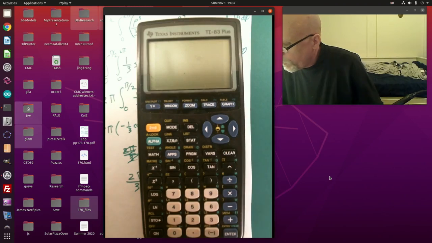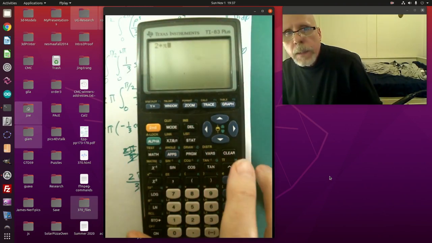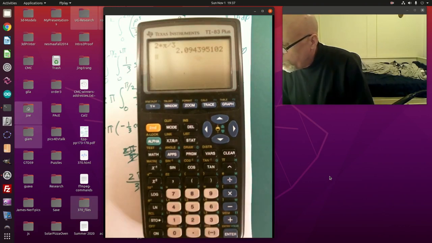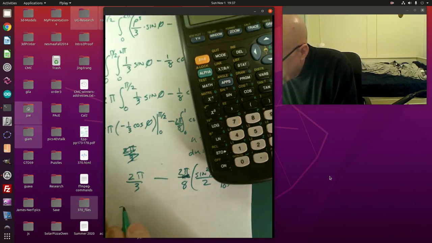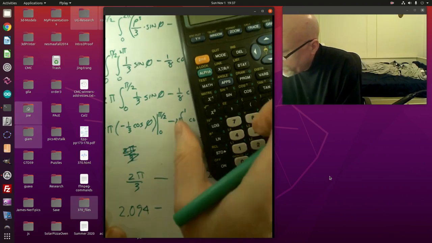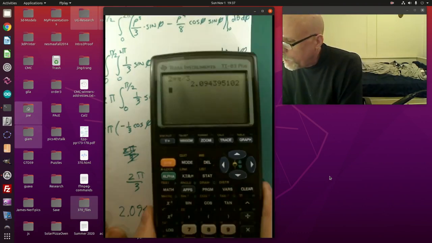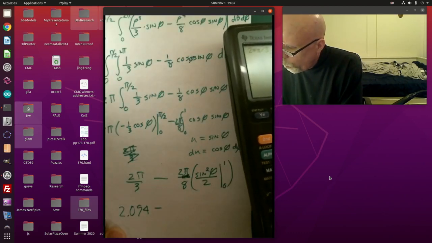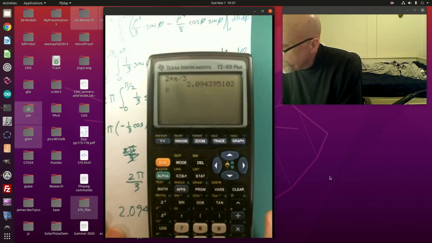All right, so the first part of our thing was 2 times pi divided by 3, which is 2.094. Minus, we need 2 pi over 8, or pi over 4, I should have simplified that before, times sine of 1 squared.